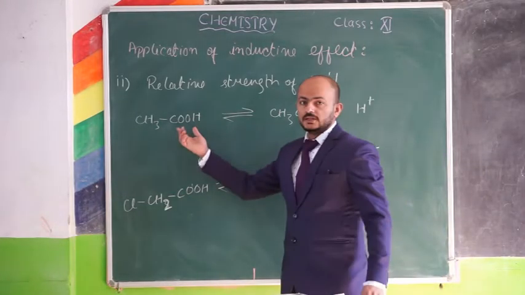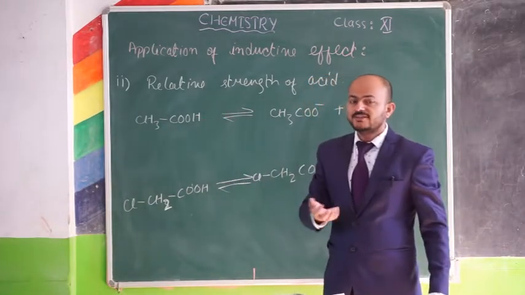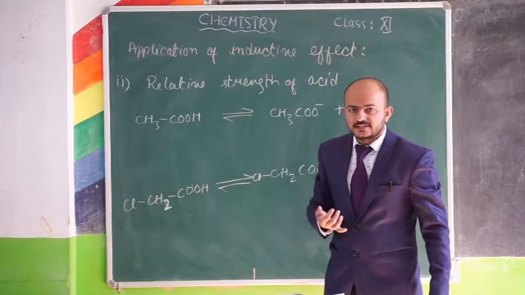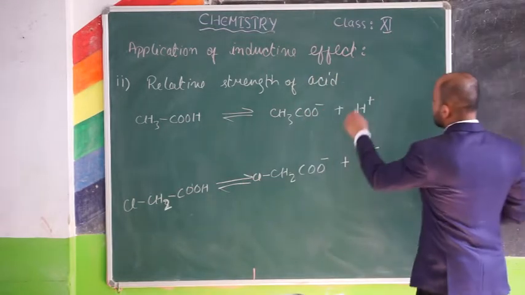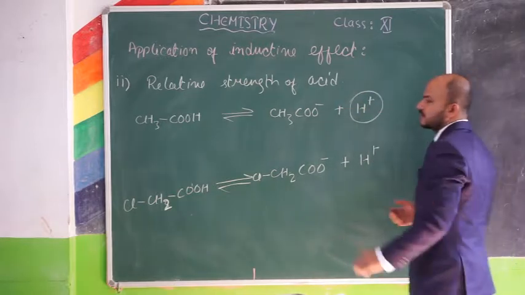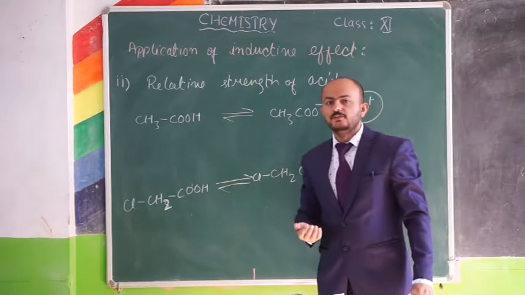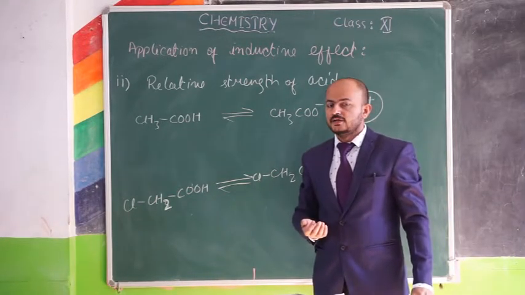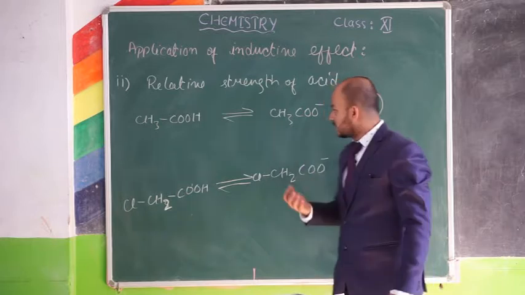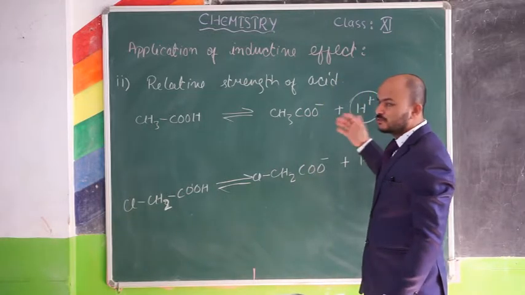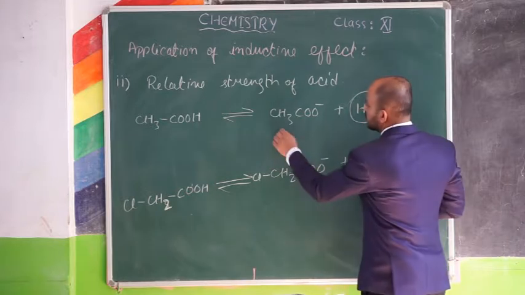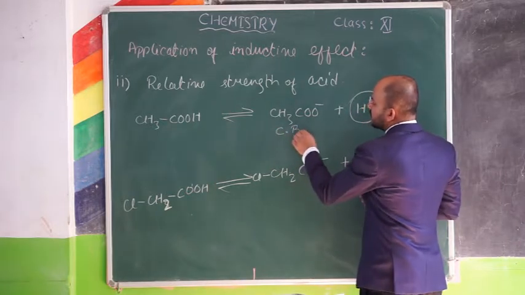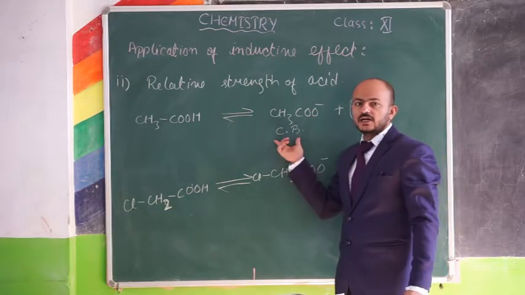The strength of acid is determined by the H plus ion that can be generated. The more H plus ion generated, the more the acidic strength. For more H plus ion to be generated, it depends upon the stability of the conjugate base.